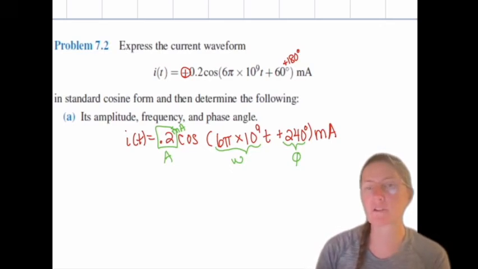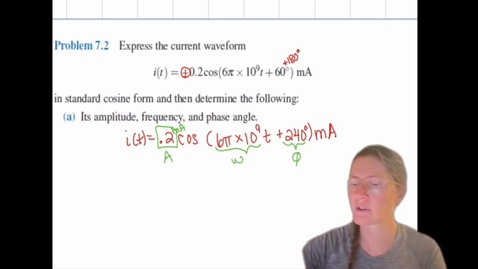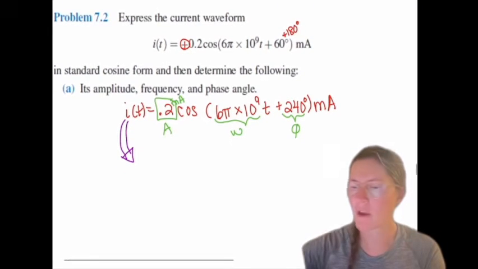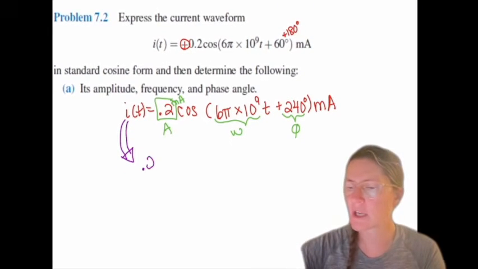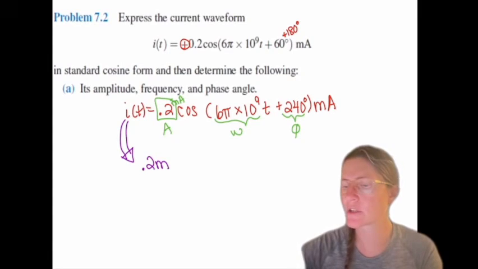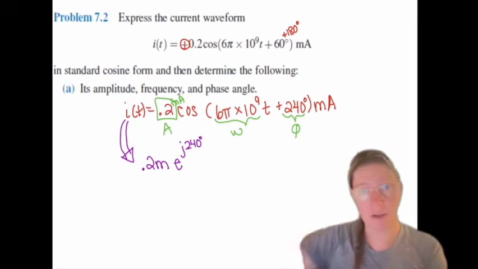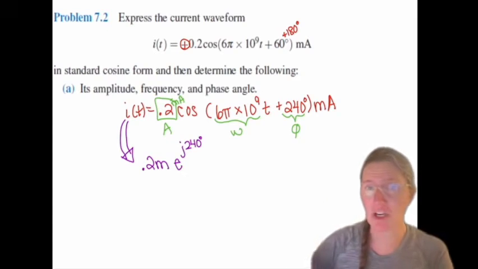So when we have now a signal and we want to move it into polar form, that phasor, for a signal it's called a phasor, and we're going to do that transform. And so the phasor transform uses 0.2 milliamps as the unit, and then you do e to the j phi or theta, whatever variable you want to call that.